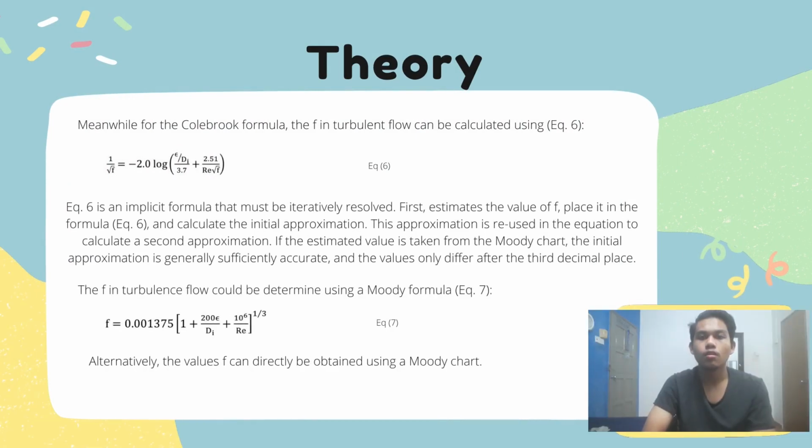Okay, so to find the coefficient of pipe friction, we can also use the Colebrook formula, which is this equation: 1 over the square root of f equals negative 2 log, in brackets, the roughness of pipe over diameter over 3.7, plus 2.51 over Reynolds number times the square root of f.